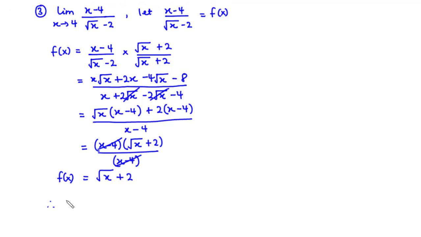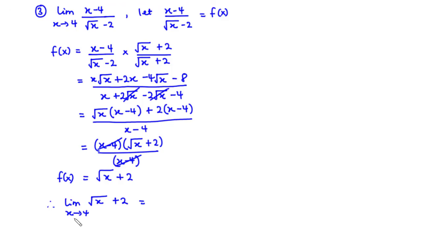Therefore, the limit of x minus 4 divided by the square root of x minus 2 as x approaches 4 reduces to the limit of the square root of x plus 2 as x approaches 4.